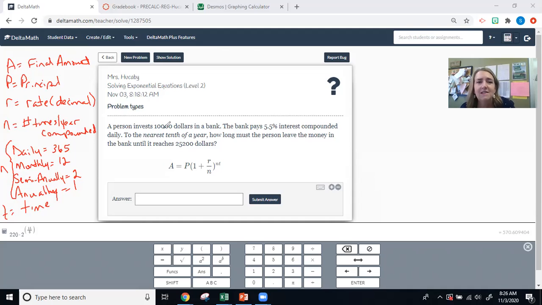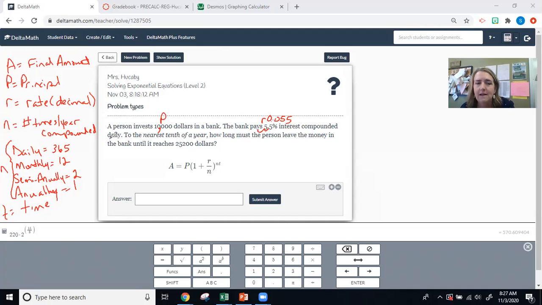So let's identify what each of these are. A person invests $10,000. So that is your principal. That's how much money they put in initially. The bank pays 5.5%. That's your rate. But remember, it's going to be 0.055 because you move your decimal over 2 places. It's compounded daily.